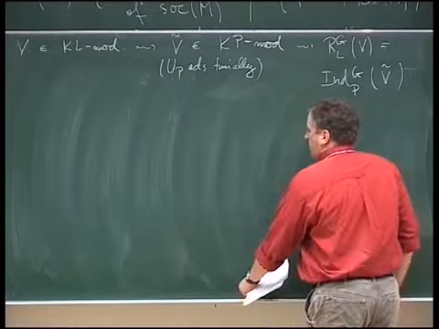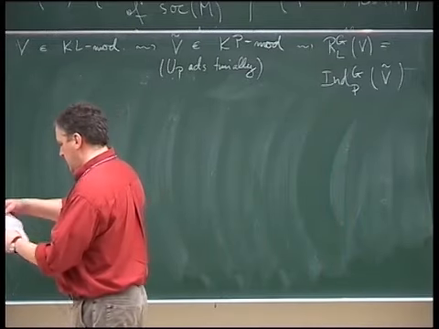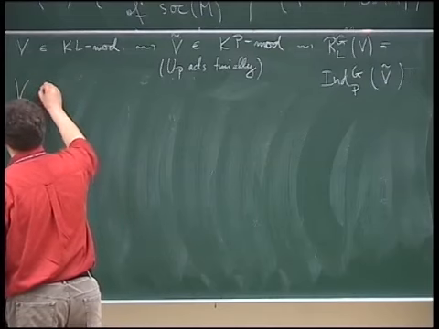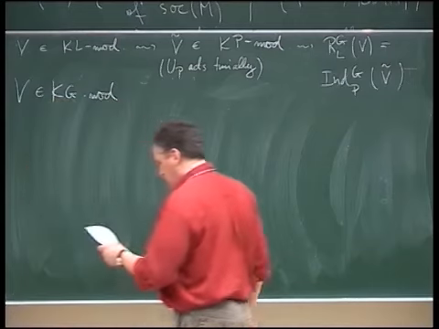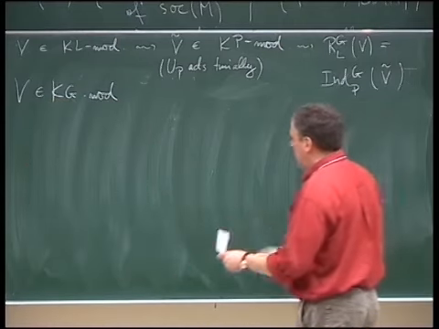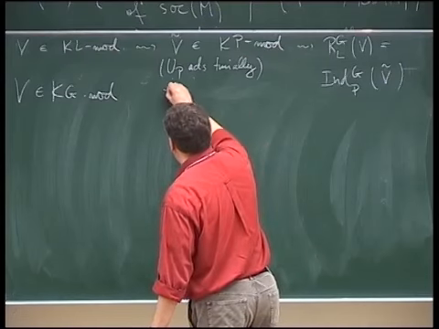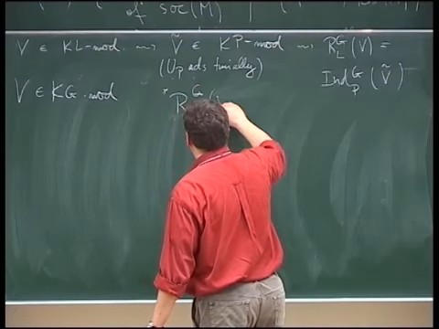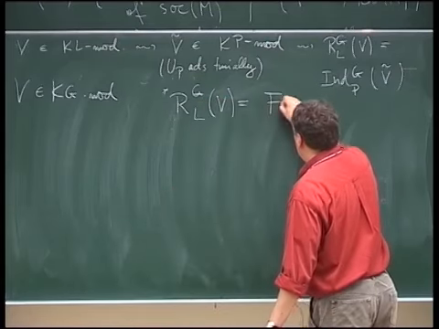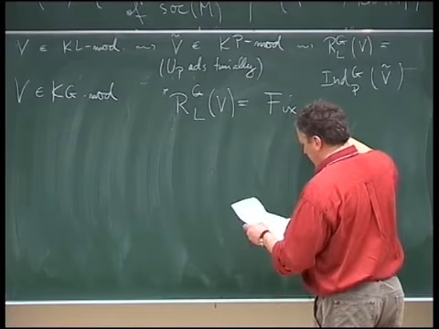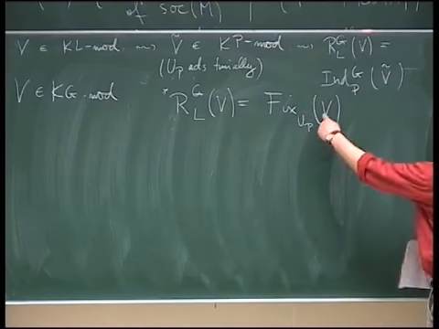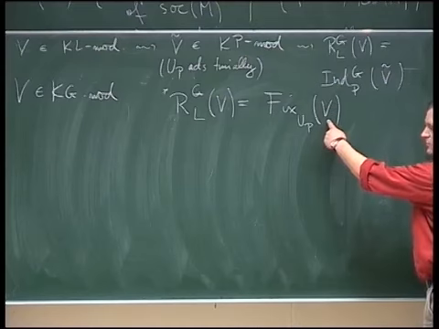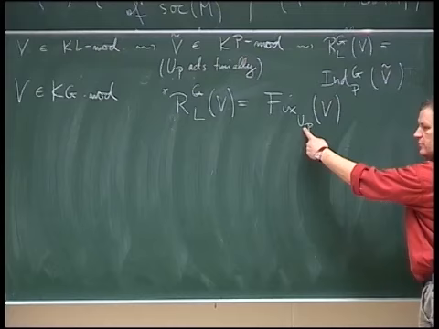And to go down from KG to KL, if you have a KG module, then you observe that by taking the fixed points, you take all vectors in V which are fixed by all elements of U_P.